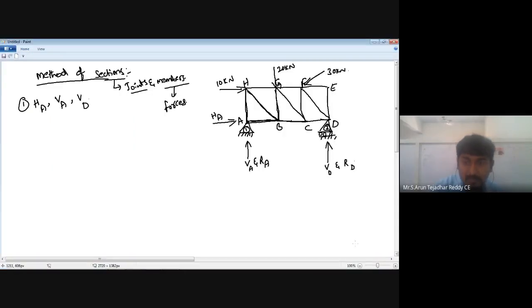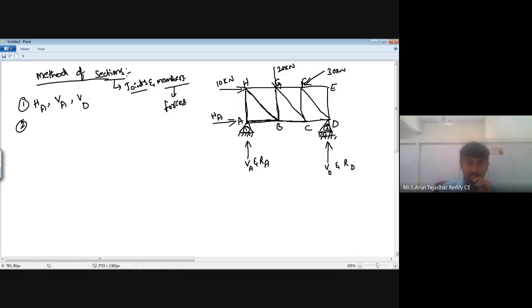So in this figure, first identify the loads here. How many loads are available here? Totally 3 loads: 10 kilonewton, 20 kilonewton, 30 kilonewton. So these three are acting as external loads. And if any load is other than horizontal and vertical, convert all of them perfectly into horizontal and vertical.